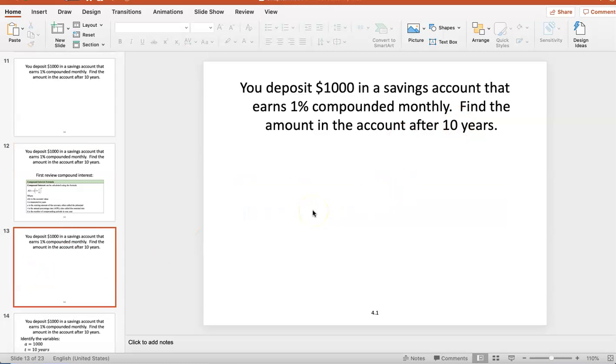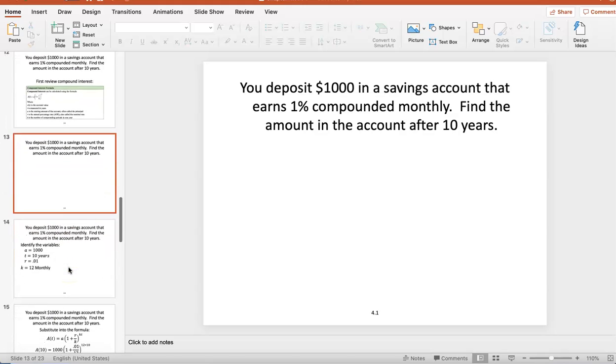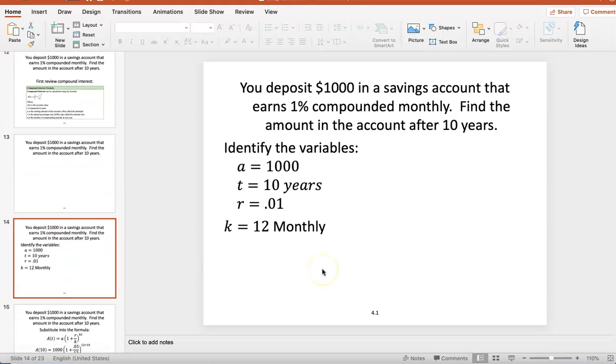Okay, that is the problem, again, just written down. Now, let's identify the variables. A, the original amount, is 1,000, sometimes referred to as a principal. T is 10 years, and the rate was 0.01 compounded monthly.